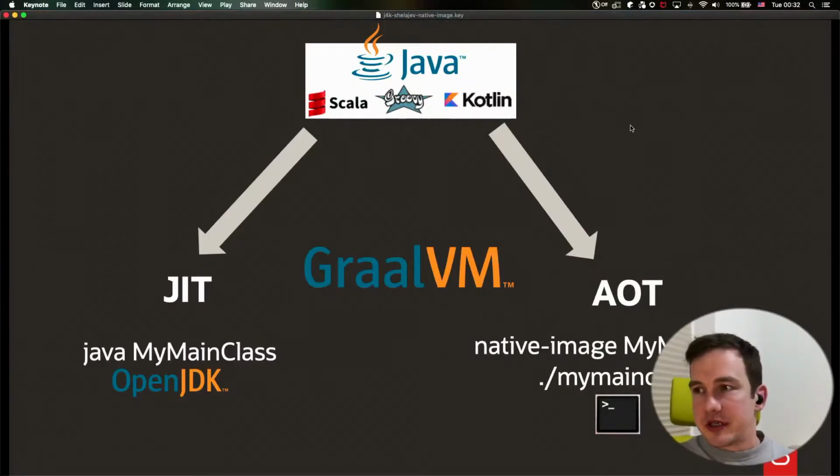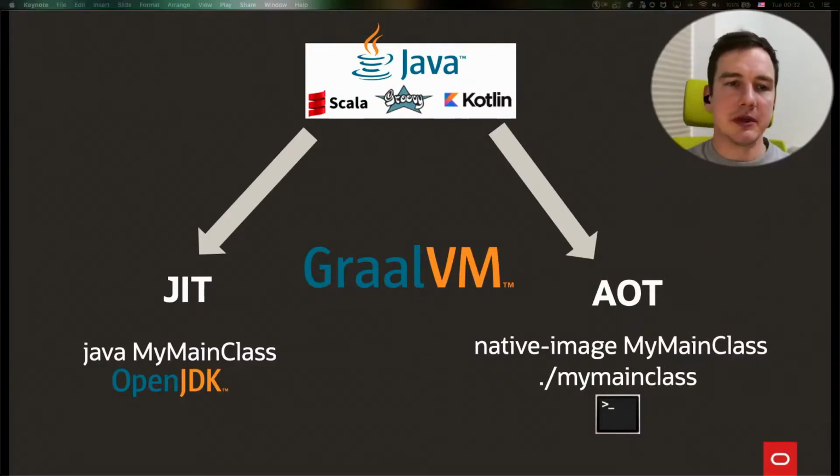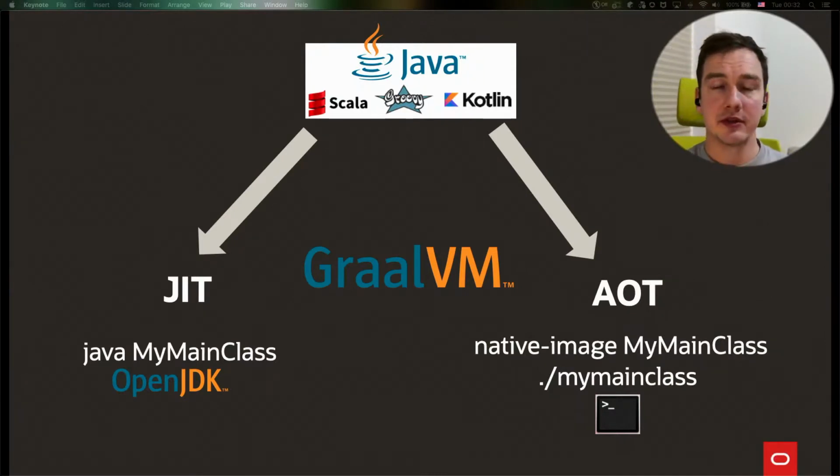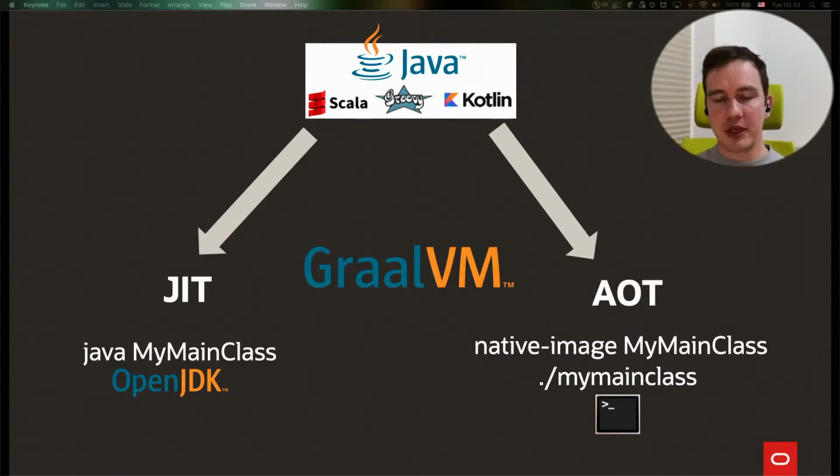For Java developers, GraalVM most notably offers an option for how you would like to run your applications. You can run it with a JIT using the normal Java utility from the GraalVM distribution. It will run normally. It will set up the Java HotSpot virtual machine, the same JVM that is coming from the OpenJDK project, and it will just use the GraalVM compiler as a top-tier optimizing JIT.